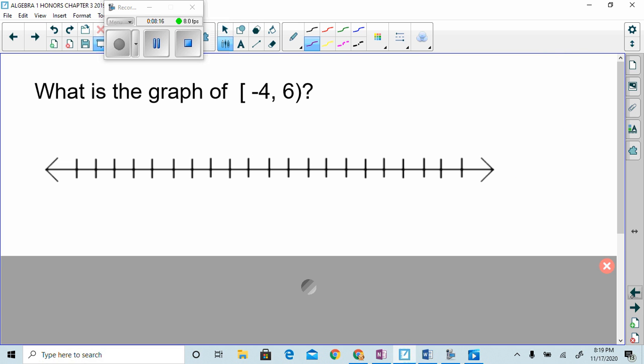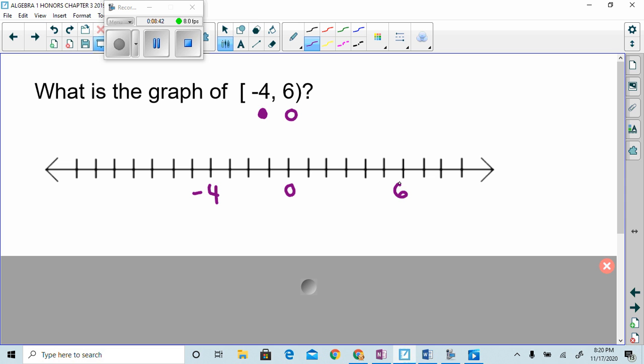What is the graph of this? Now they're giving us the interval notation. They're asking us to graph it. Well, we know that the bracket means a closed circle, and we know that a parentheses is an open circle, so I need something at -4. And we need something at 6.